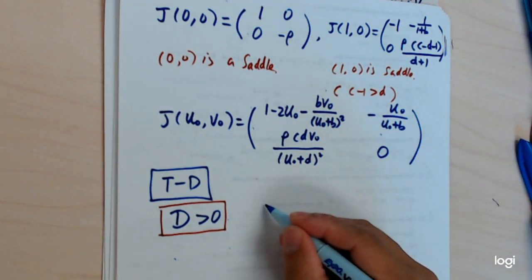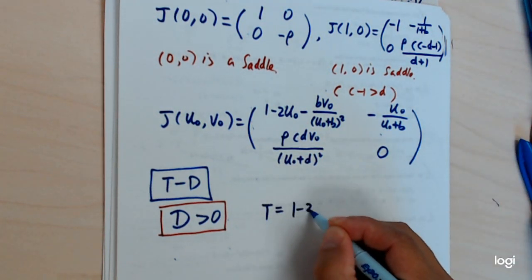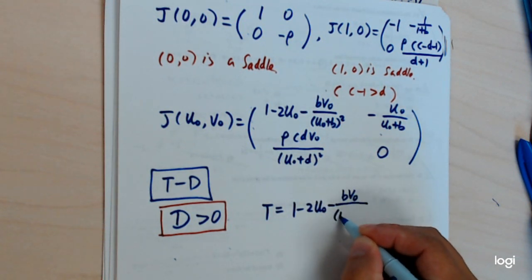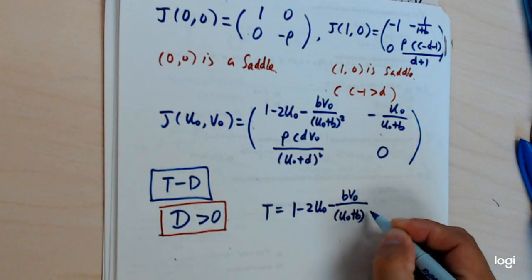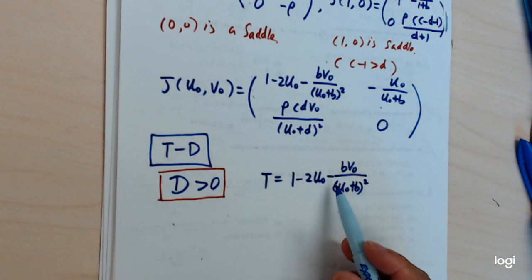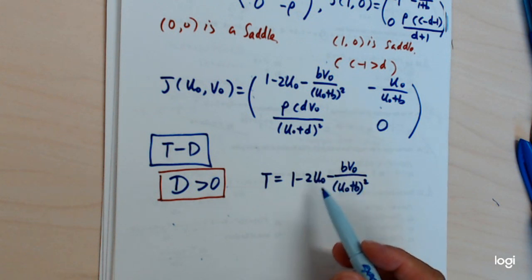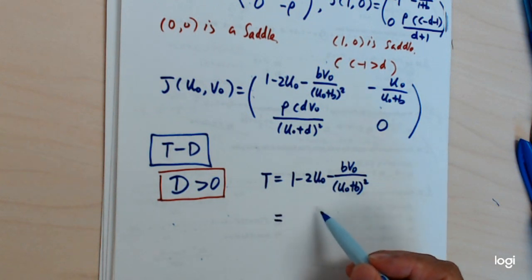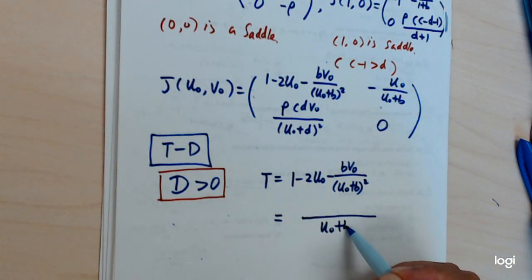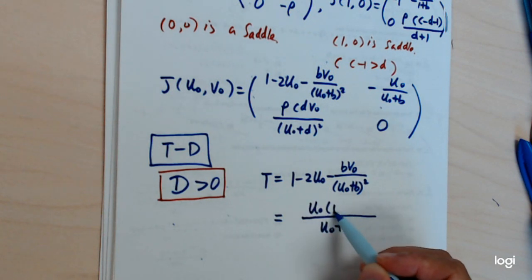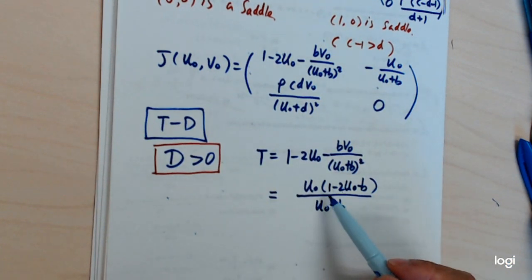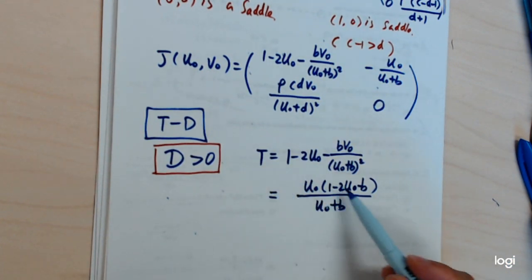And the trace is this one. If you add them up and apply the formula between u naught and phi naught, I want you guys to verify this by yourself, but I did not complete this. This turns out to be identical to this. Because this allows me to quickly check the sign for t. The sign of t really depends on this part.